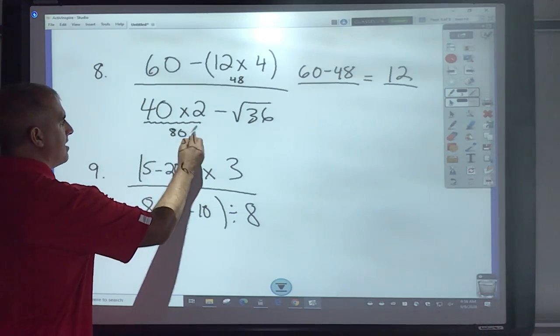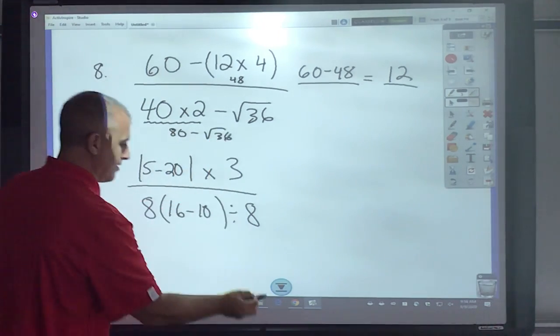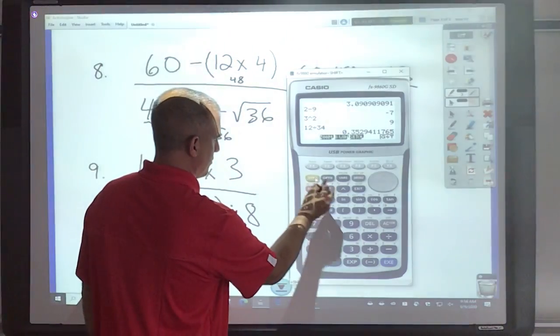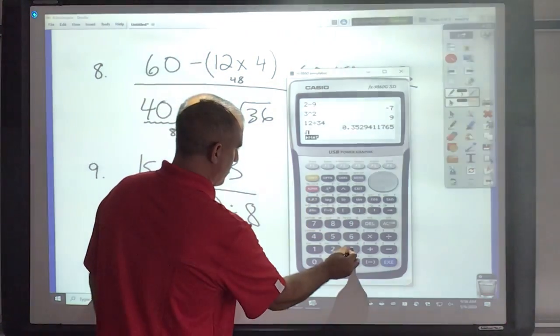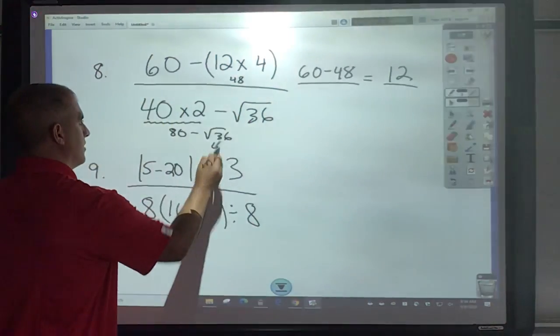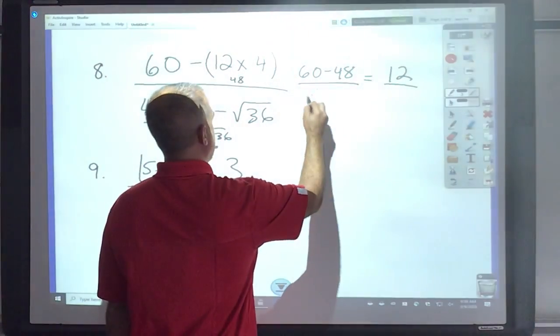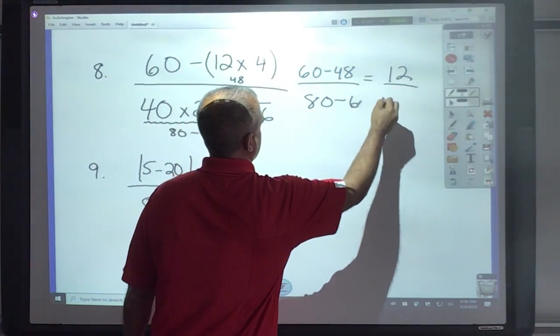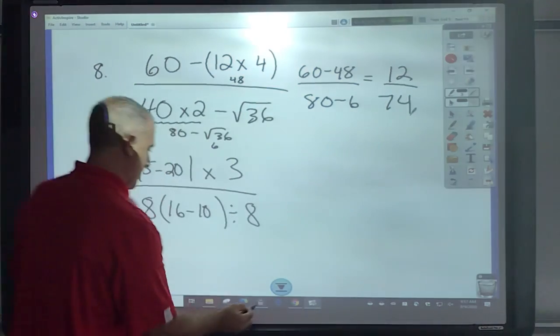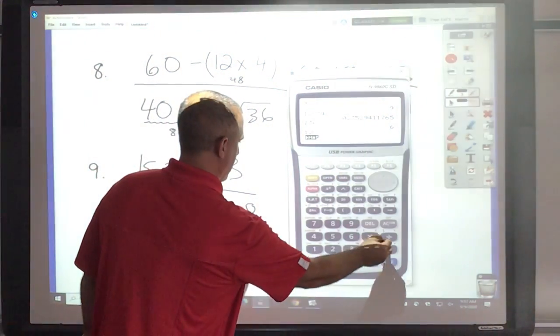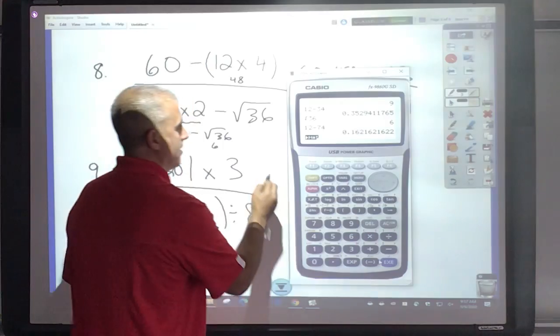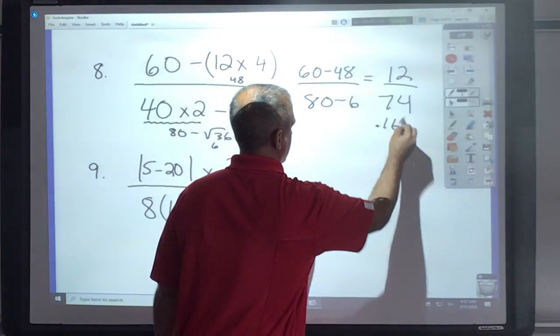So that'd be 80 minus the square root of 36, okay? Square root of 36, so shift, x squared is 36, is just 6, okay? So 80 minus 6 is 74, okay? 12 divided by 74 is 0.16, okay?